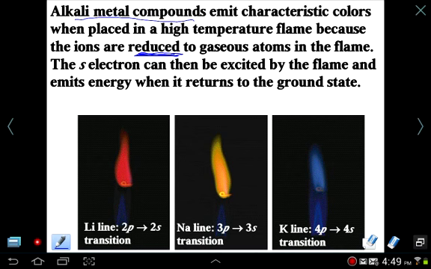Most notably here, lithium gives a famously red color in the flame. Sodium gives a famously orange color, and potassium a famously purple color. And hopefully you've enjoyed burning some metal ions in Chemistry 1 in the flame test, but this would be a flame test.